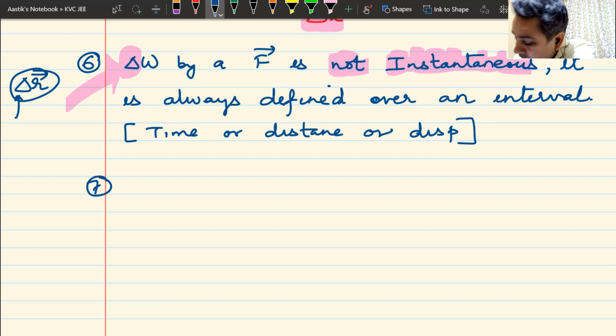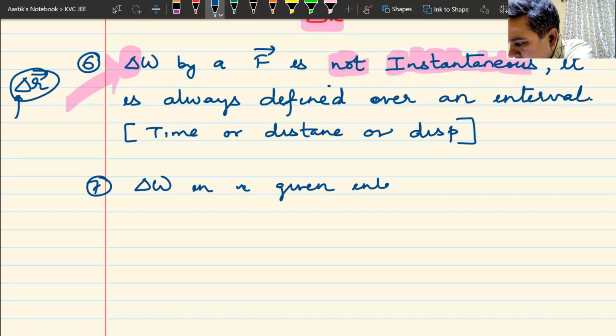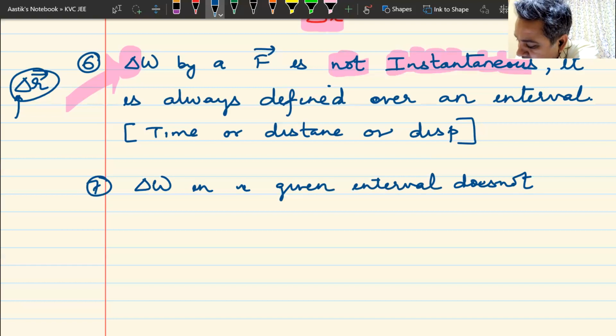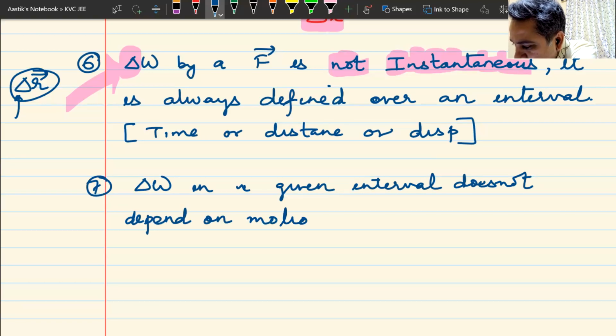Next point, work done by a force in a given interval. Work done by a force in a given interval does not, and you will be astonished, does not depend on the motion of the body.